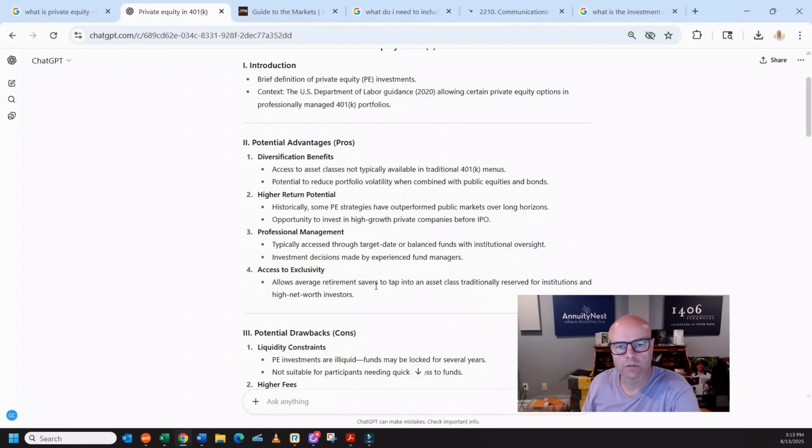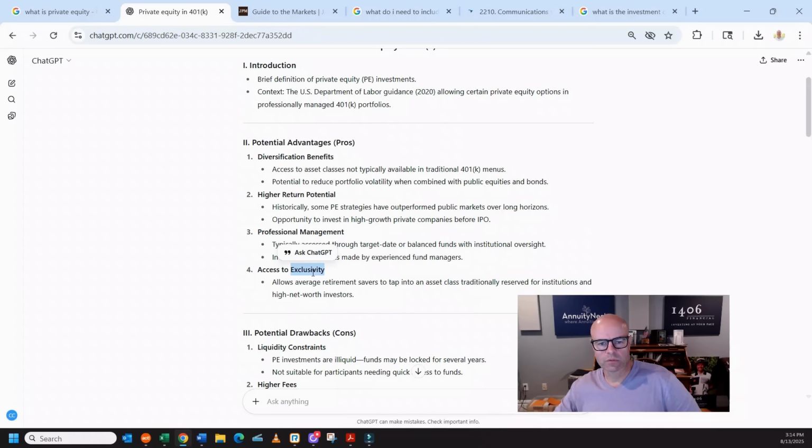You buy those funds, they're called target date funds. They'll make it a sleeve in there, 5, 10, 15, 20% of the allocation. So you have stocks, bonds, and private equities in there. That was floated as the most practical way to do this. And I'll talk about that again in a moment when I get to my additional information. But that seems to be the way touted that this will occur. It'll be through target date funds versus its own private equity fund in your 401k.